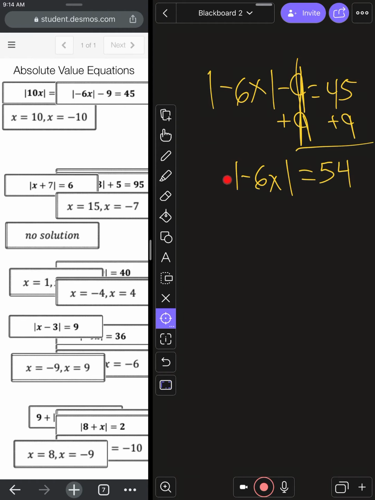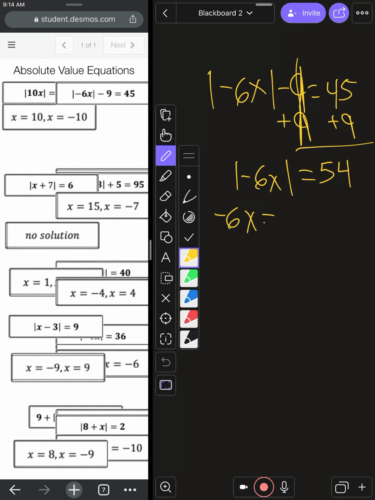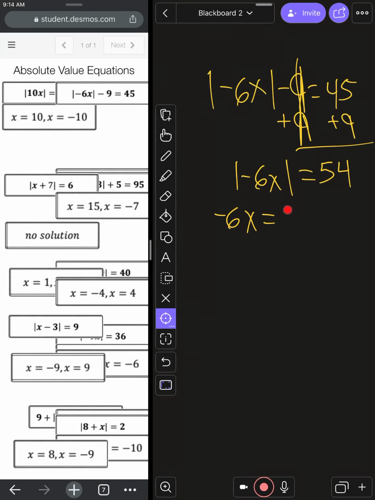Okay, so this is now all by itself. And I can start doing what I did in the last problem. I drop my absolute value symbols, leaving just this. So I have negative 6x equals, and I set it equal to this.